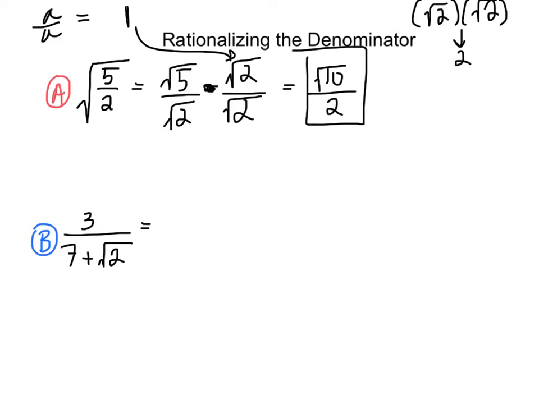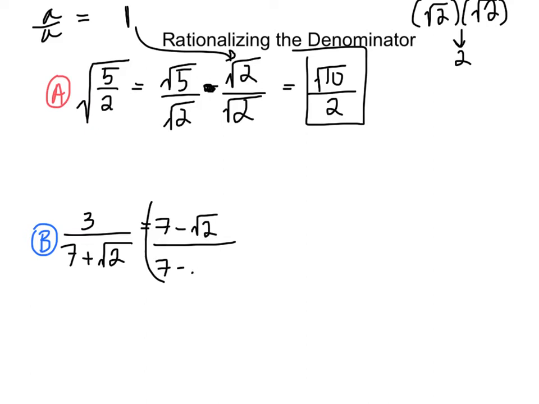Now we have another problem where the square root is in the denominator, this problem here, and now instead of just multiplying by root 2, we need to multiply by the conjugate of the denominator, which is 7 minus root 2.